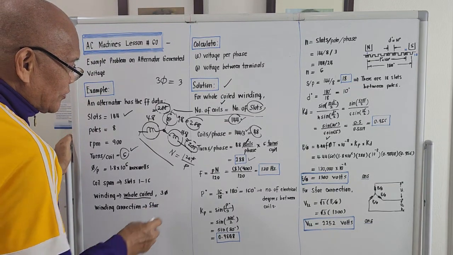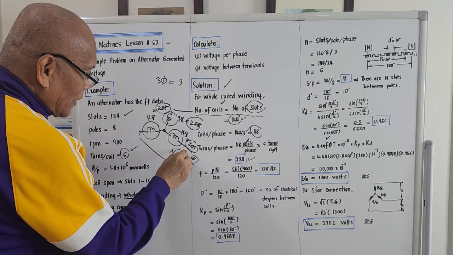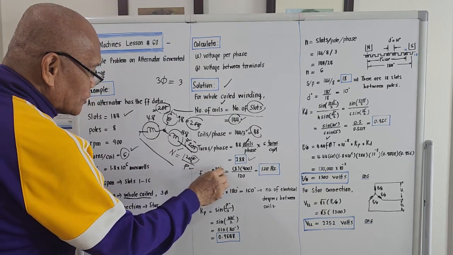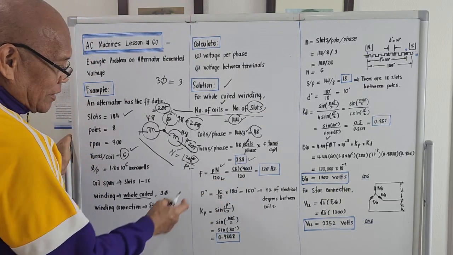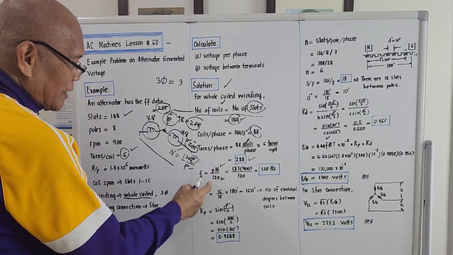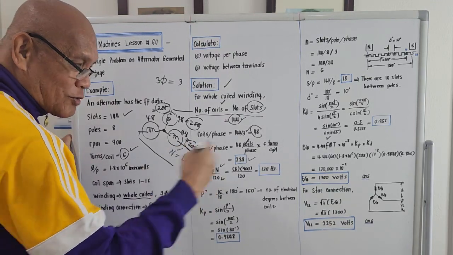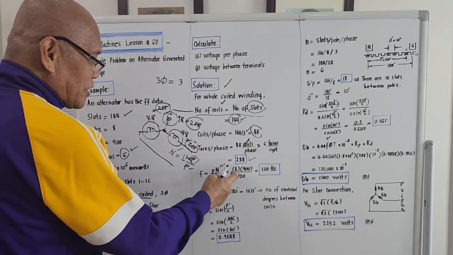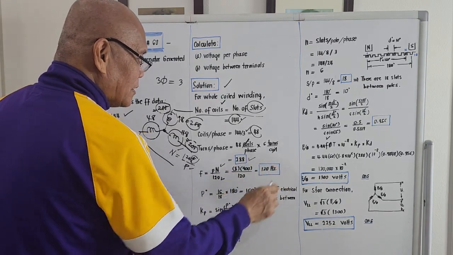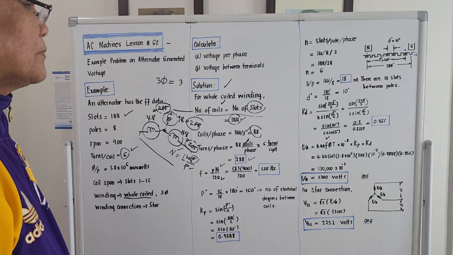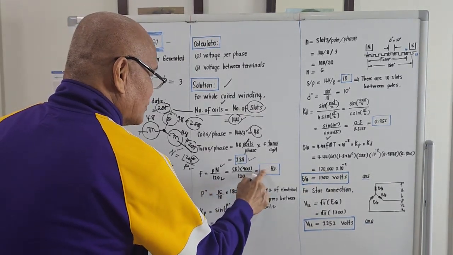So if we compute for frequency, it should be the product of RPM times number of poles over 120. We are given the number of poles and the RPM, so we could compute for the frequency of the alternator. This is 8 poles times 900 over 120, and that will be 620 hertz. Oh, sorry for this one. It should be 60 hertz.